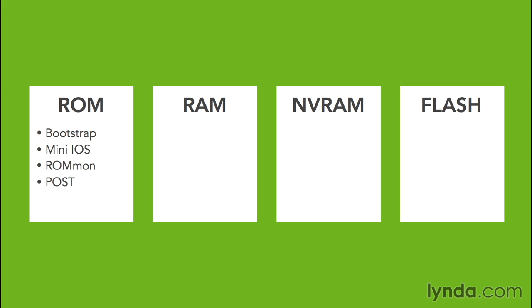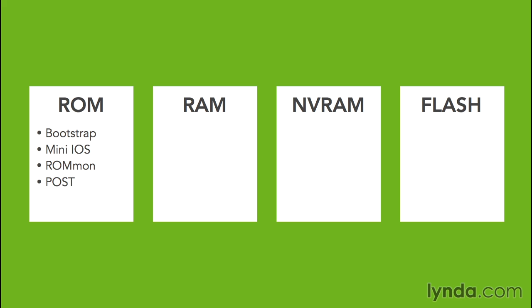But if your router rebooted for whatever reason, or you purchase a router and it pops up into a mode called ROMMON, that means that something went wrong with your operating system, or something's definitely not correct with maybe the hardware, or something's missing in that router. So ROMMON is not a place you want to find yourself in, but it's part of ROM.